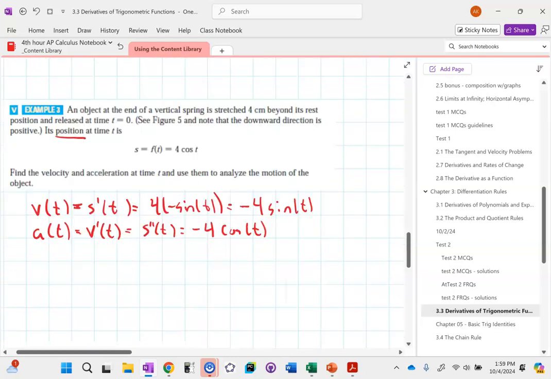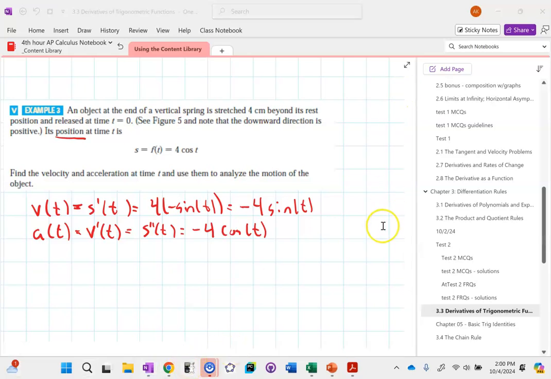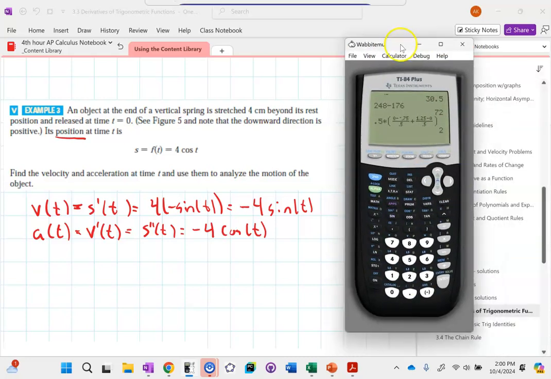So, let's look at this graphically to talk about what's going on. That's probably as good an idea as any. If I graph 4 cosine t, I want to make sure that I'm in radian mode. My window I'm just going to set from 0 to 2 pi.